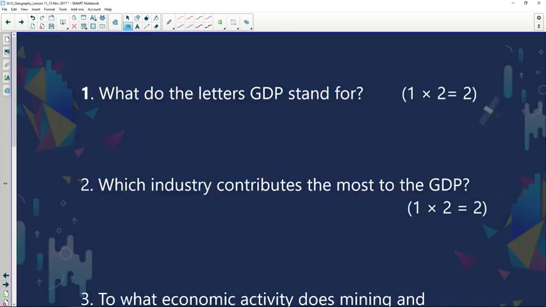Now, what do the letters GDP stand for? Once again, grade 12, please go back to the concepts in the previous lesson. It stands for Gross Domestic Product. Now which industries contribute the most to the GDP?